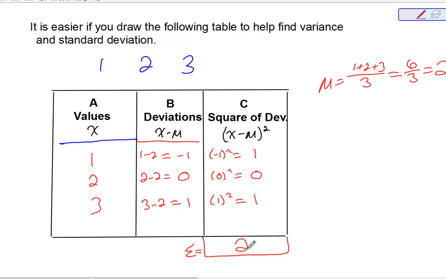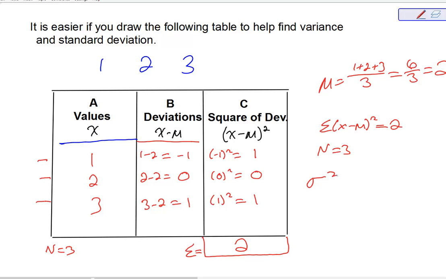So the sum of my x minus means squared is going to be 2. That was step 4. Step 5 is to divide by my capital N. Remember that capital N is basically how many rows I have. I have 3 rows. So capital N is 3.